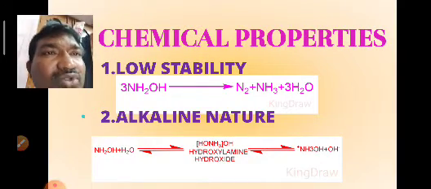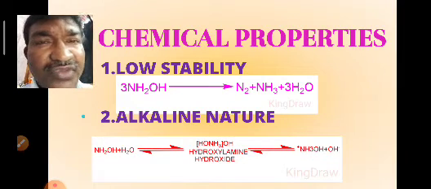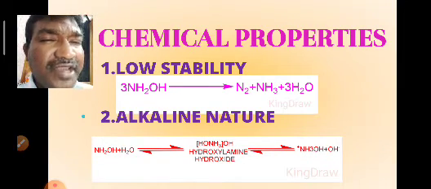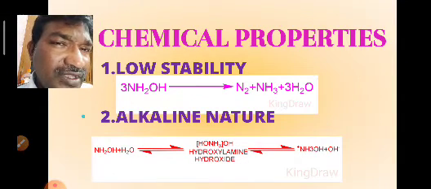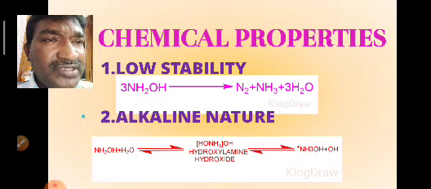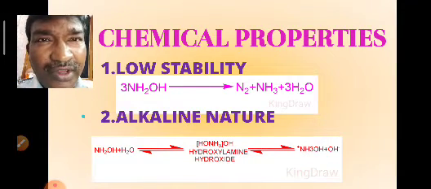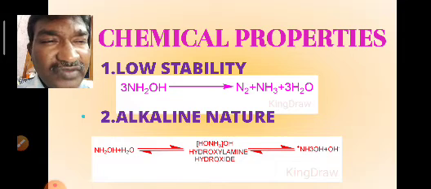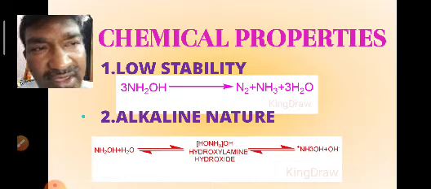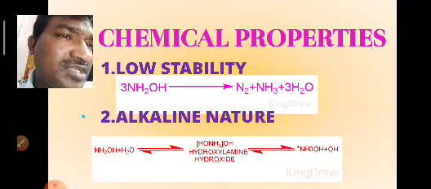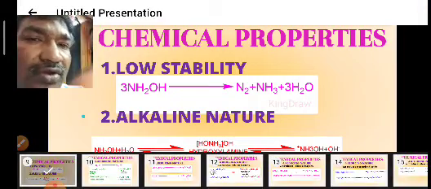Next, we move on to the chemical properties. First one is the decomposition reaction. Hydroxylamine is less stable. So, on heating, what happens? This hydroxylamine decomposes to give nitrogen, ammonia, and water. This is a very simple equation to balance. Here, on the product side, we have one nitrogen molecule and one ammonia molecule.